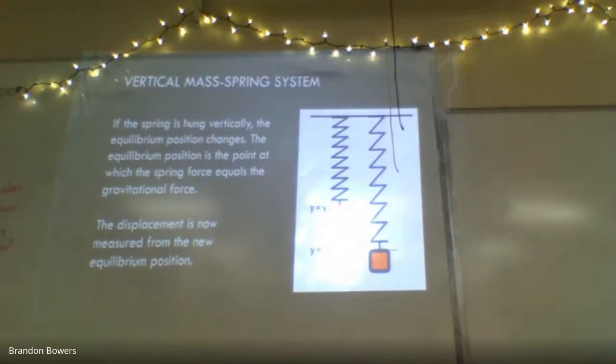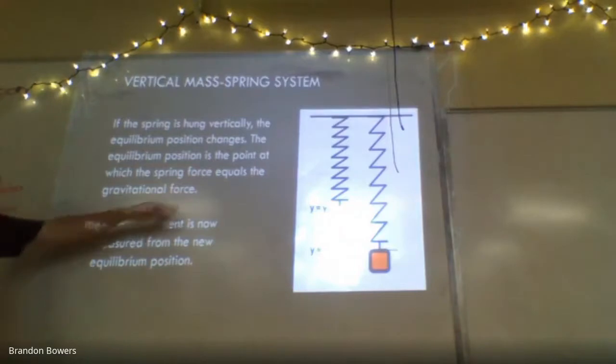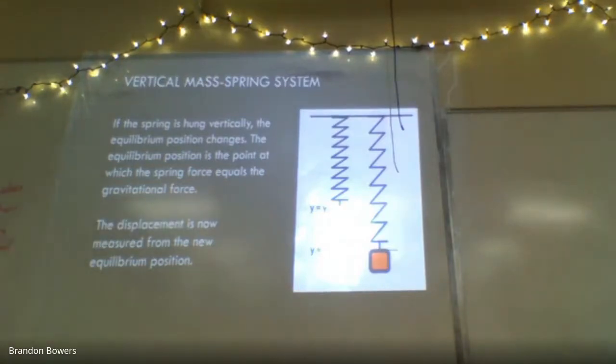So the spring force will equal the gravitational force. The displacement is now measured from the new equilibrium. Same equation. We know all the equations.